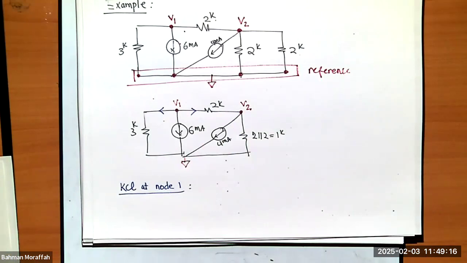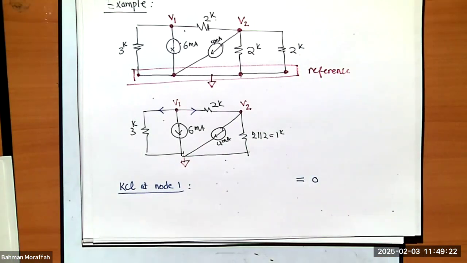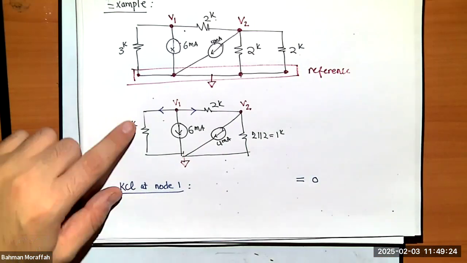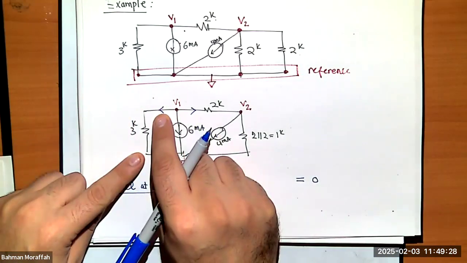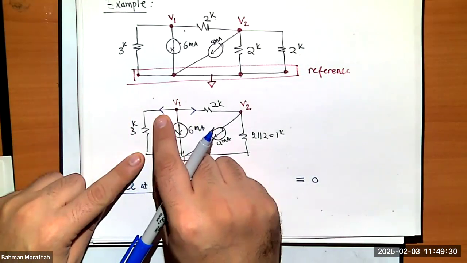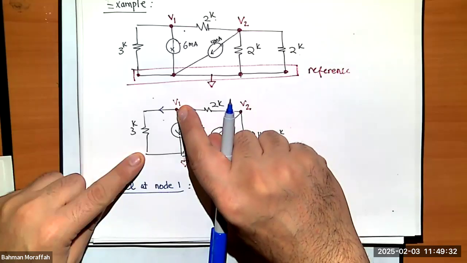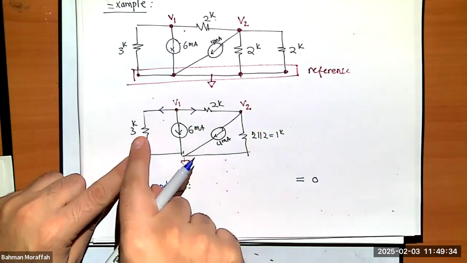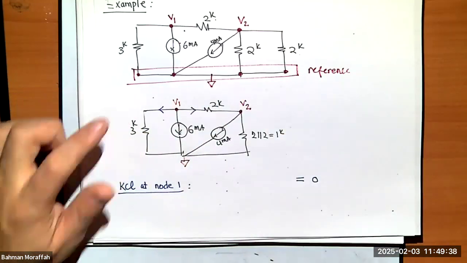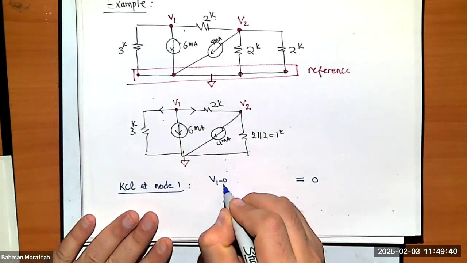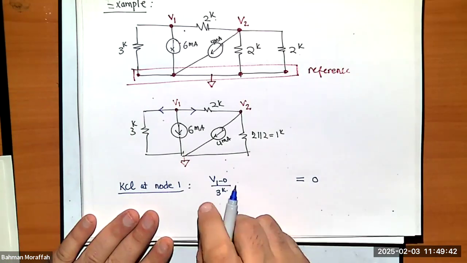Do I have anything that's going in? No, so 0, right? What is this current? That's this voltage minus this guy divided by 3, because V1 is voltage across this, right? So I have V1 minus 0 divided by 3K.